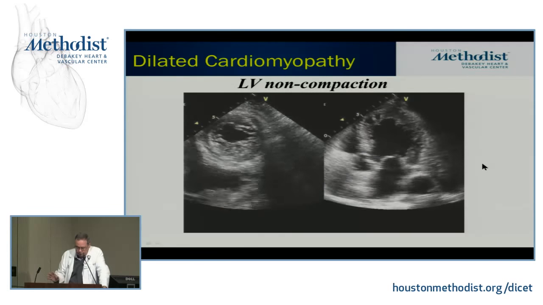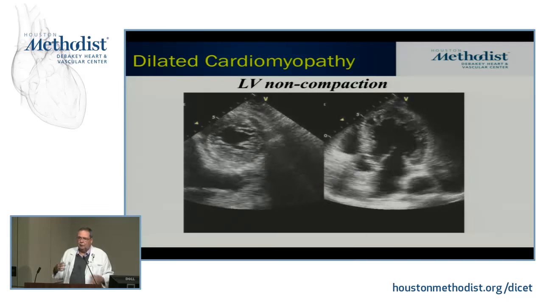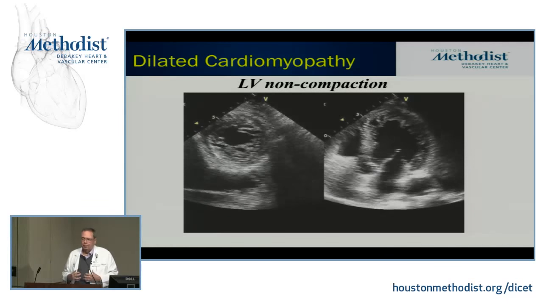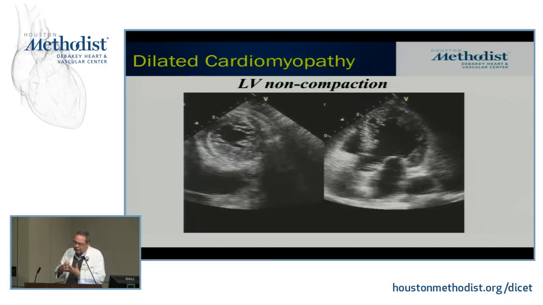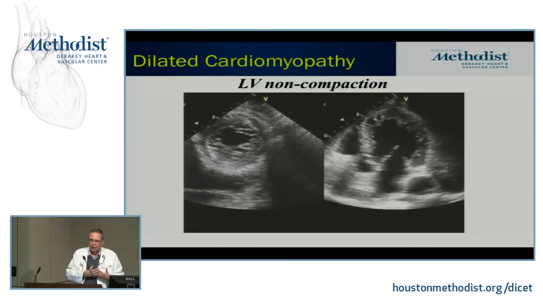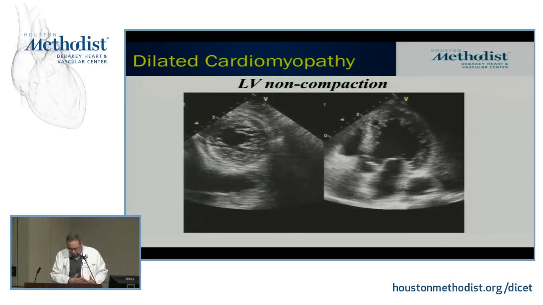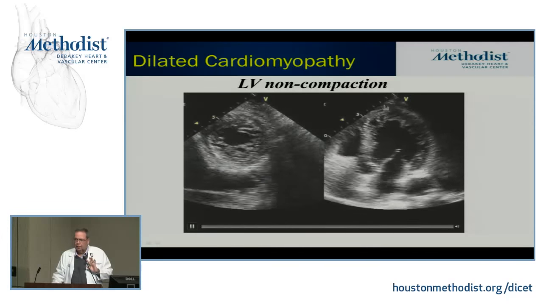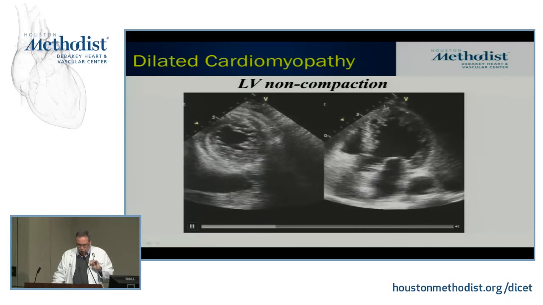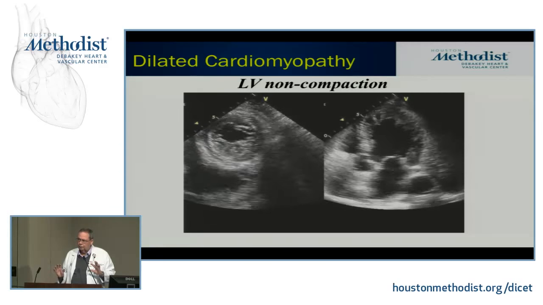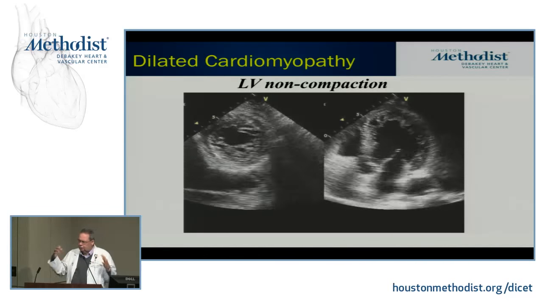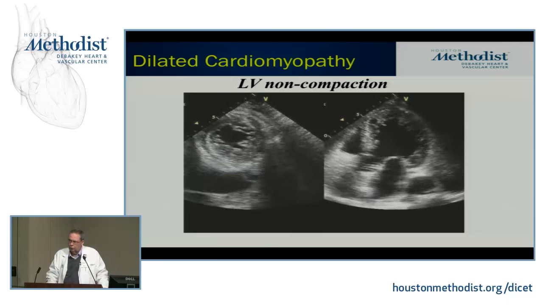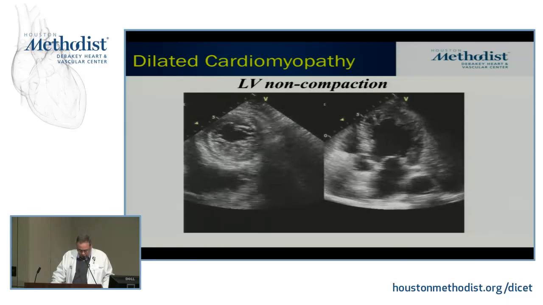Now, this is a type of dilated cardiomyopathy that has a very specific appearance that allows us to make a diagnosis. First of all, note that the heart is not that big. Often these patients do not have huge hearts. They may be slightly dilated, but they don't have the very big hearts that we see in some of the other types of cardiomyopathies.